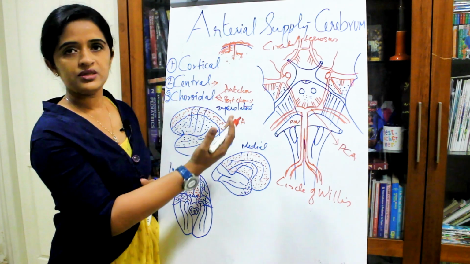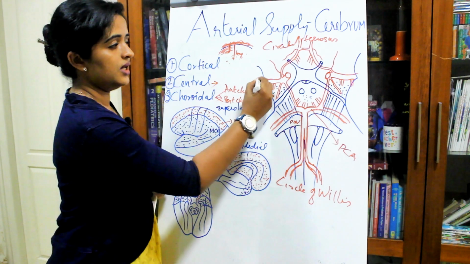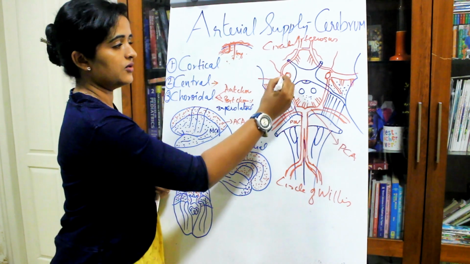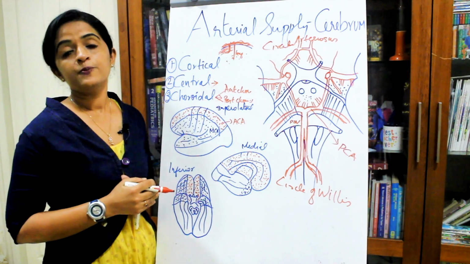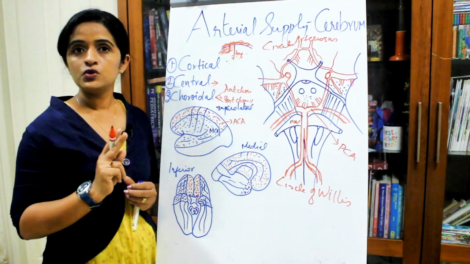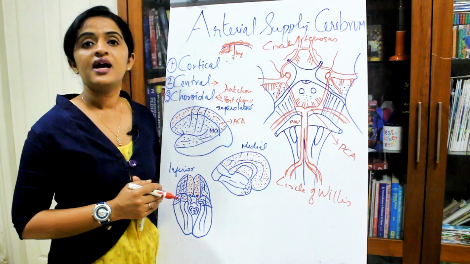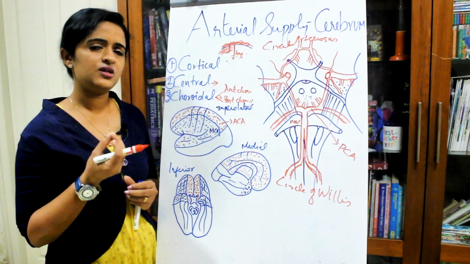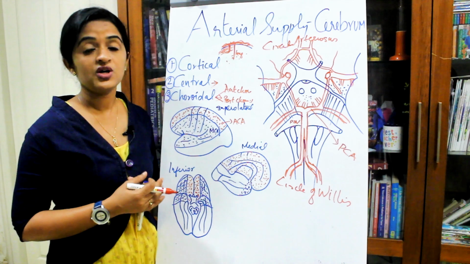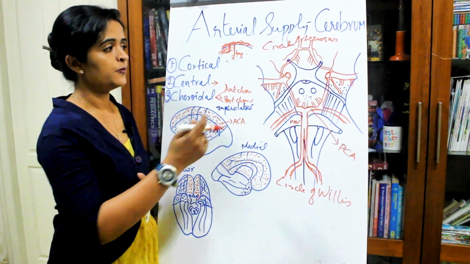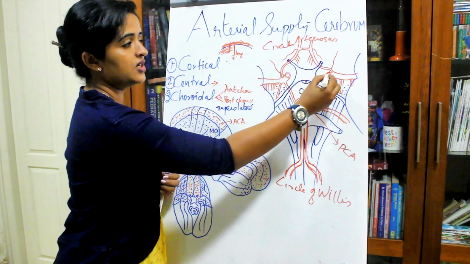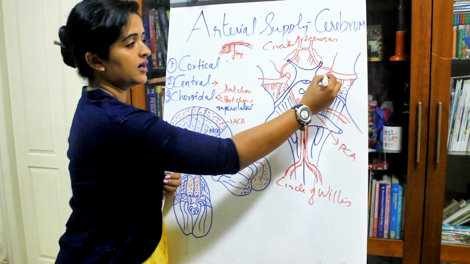Now we have another set of vessels, the internal carotid artery. The internal carotid artery gives rise to two main branches: the anterior cerebral artery, which is a very small branch, and the major branch, the middle cerebral artery. This is the cut end of the internal carotid artery.